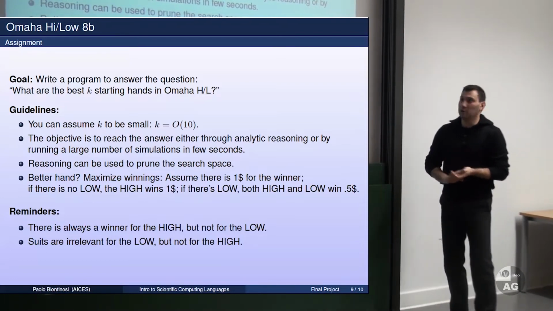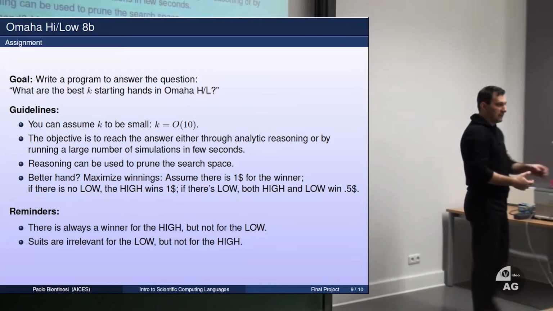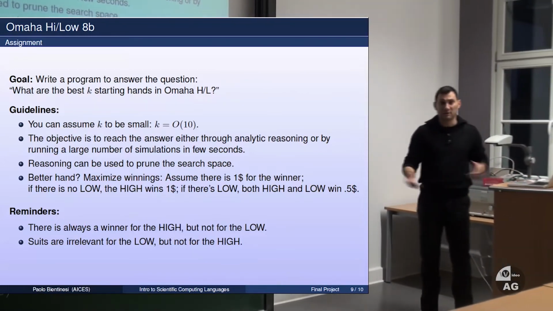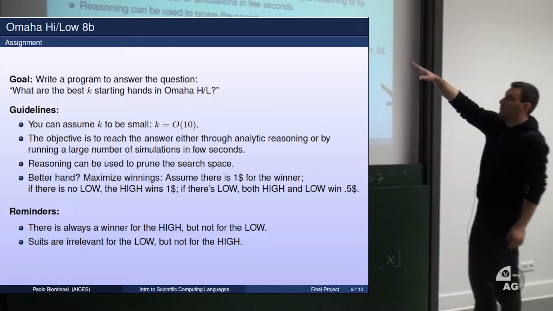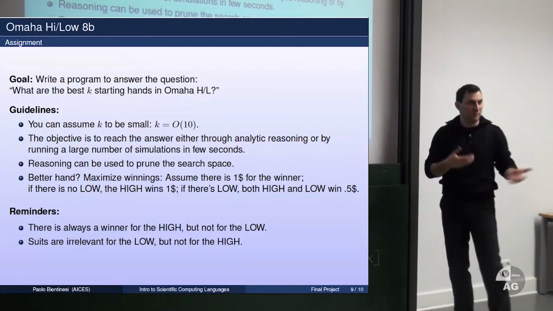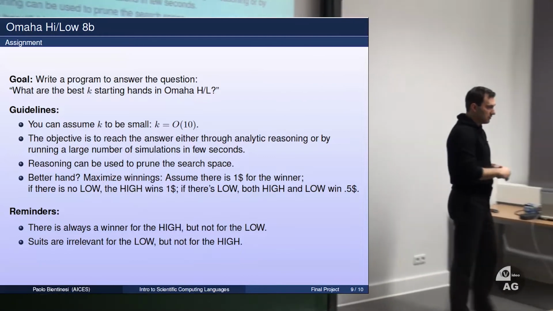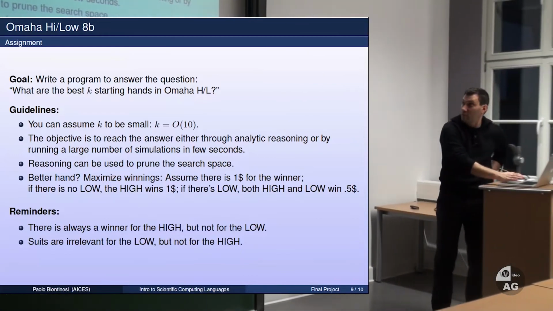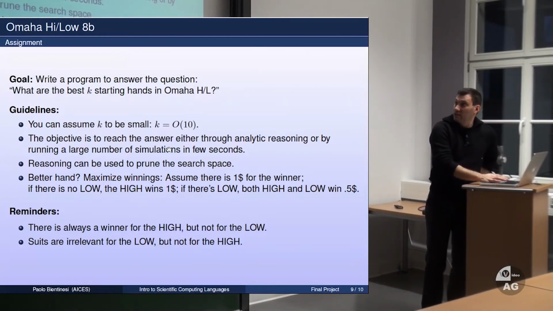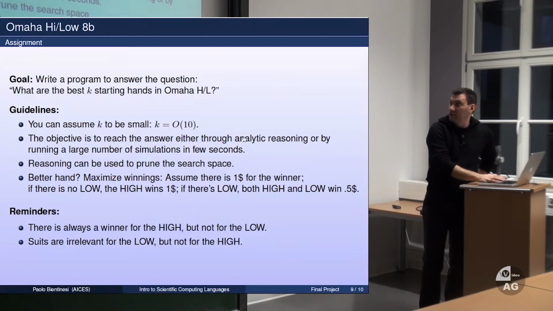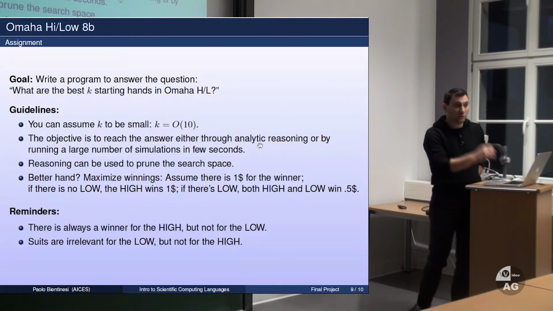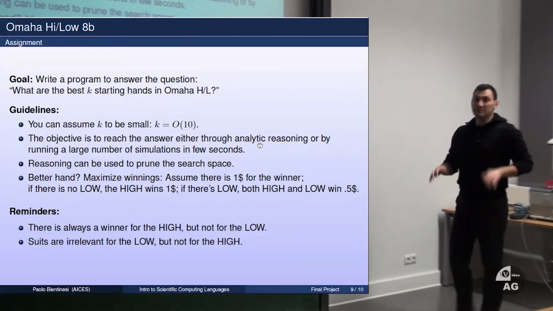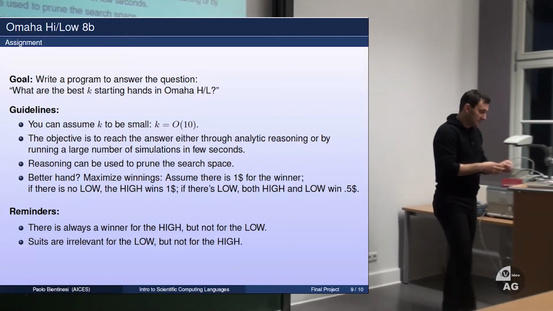So, first of all, I want to make your life easier. I will not ask you to compute the best 2,000. It's going to be on the order of 10, so maybe 5, maybe 20, 30. It's not going to be too large. Once again, you can do it either analytically or by running simulations. Let me warn you, I don't know if this is actually doable easily analytically.